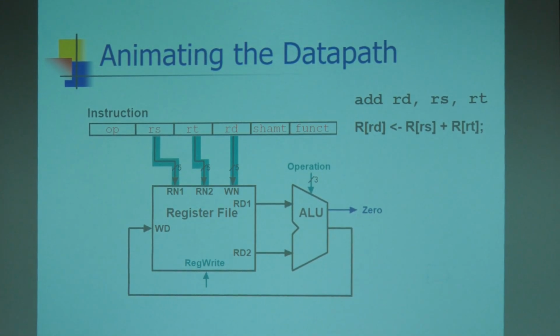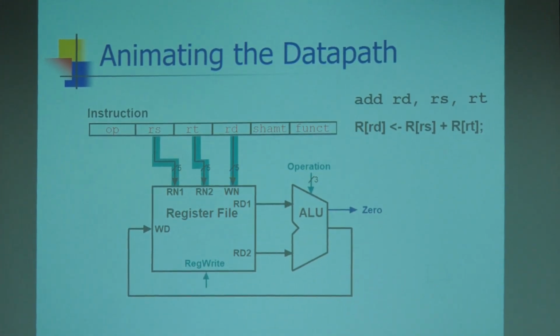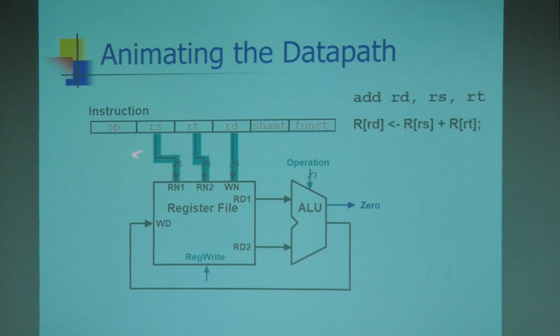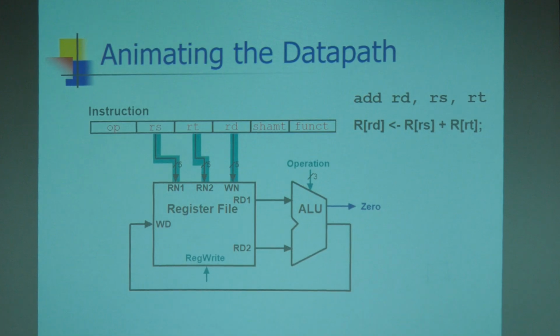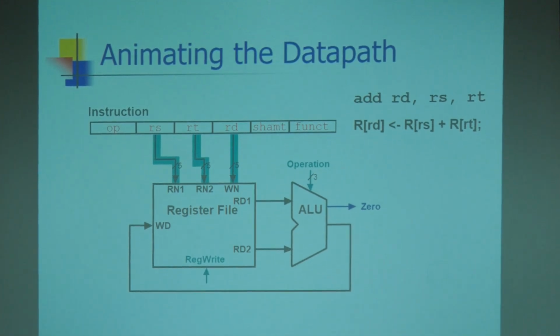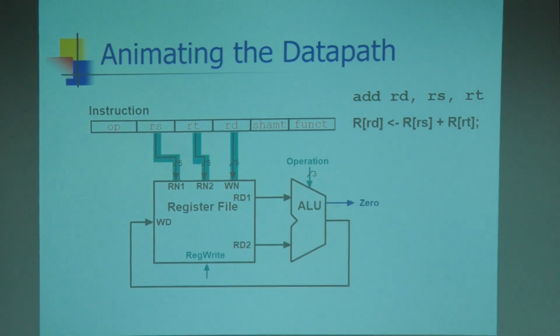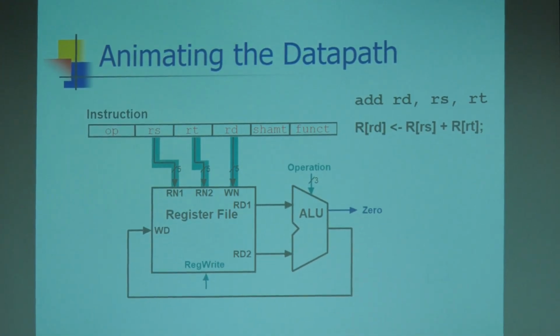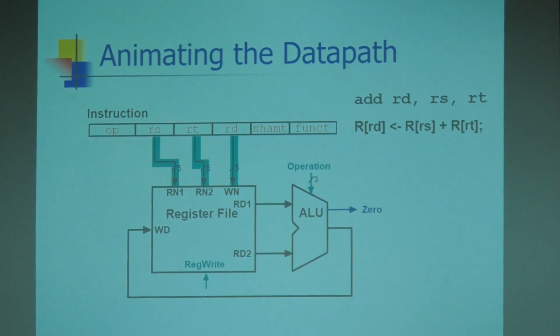Is it clear or not? If you did not follow, any questions or doubts, please stop me. So it is taking the address of the registers first, then selecting 3 registers. Out of the 3 registers, 2 are for read, 1 is for write. Out of the total 32 registers, we are selecting 3.